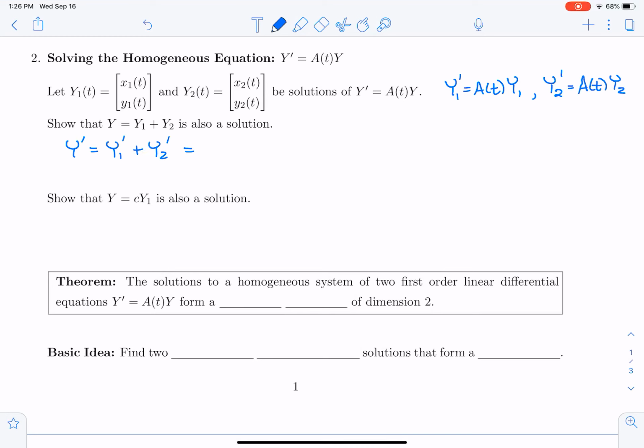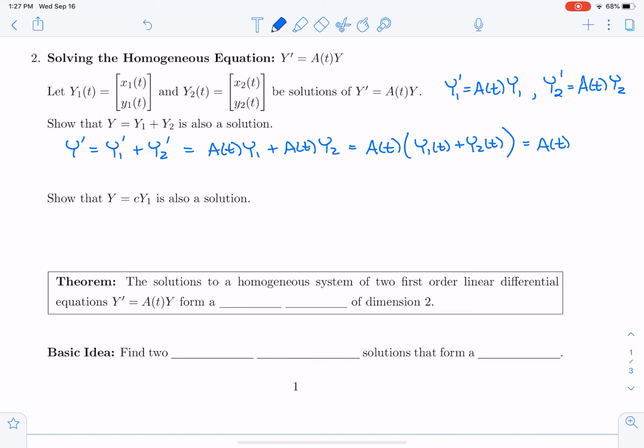But we know that Y1 prime is A of t Y1, and Y2 prime is A of t Y2, and we can factor out the A of t, leaving us just with Y1 of t plus Y2 of t. And so Y prime does indeed equal A of t times Y if Y is the sum of two solutions.